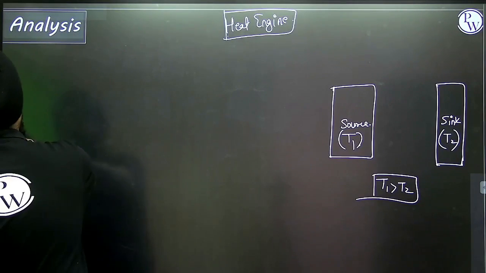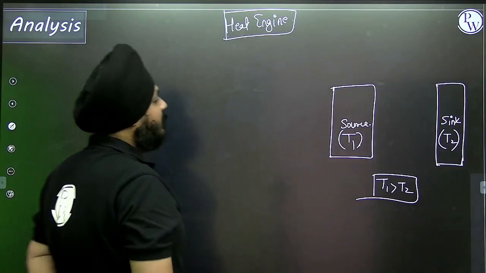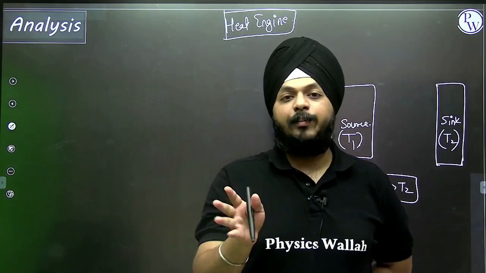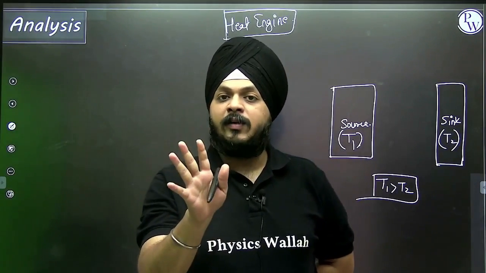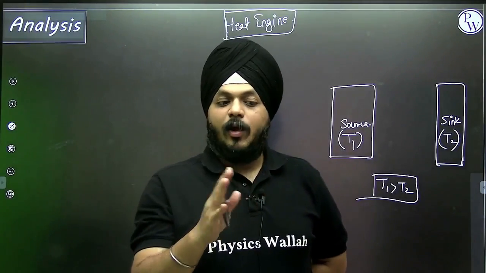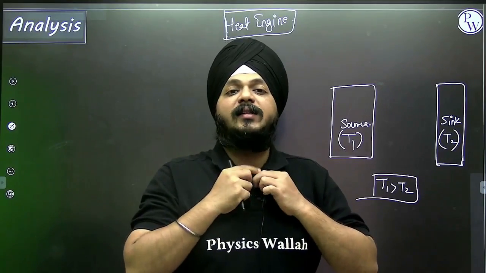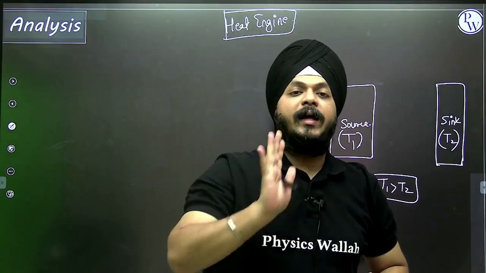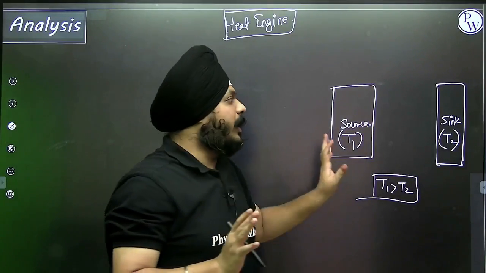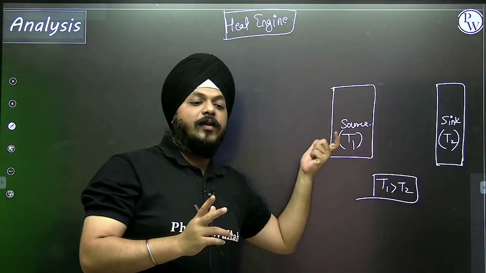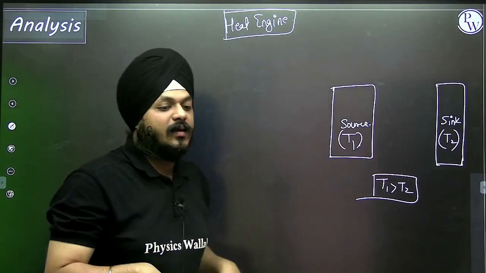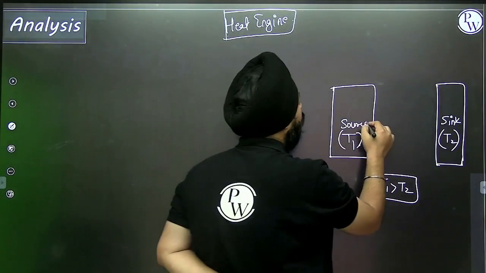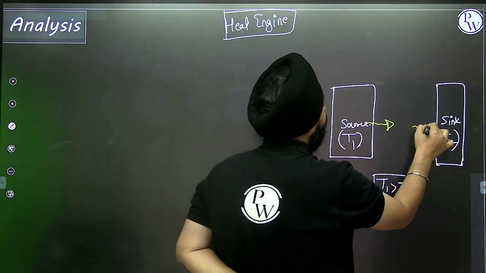Now here, whenever there exists a temperature difference, either between system and surroundings, or between two objects, heat will flow from the higher temperature to the lower one. So here there exists a temperature difference between the source and sink, which means heat will start flowing from the higher temperature to the lower one.